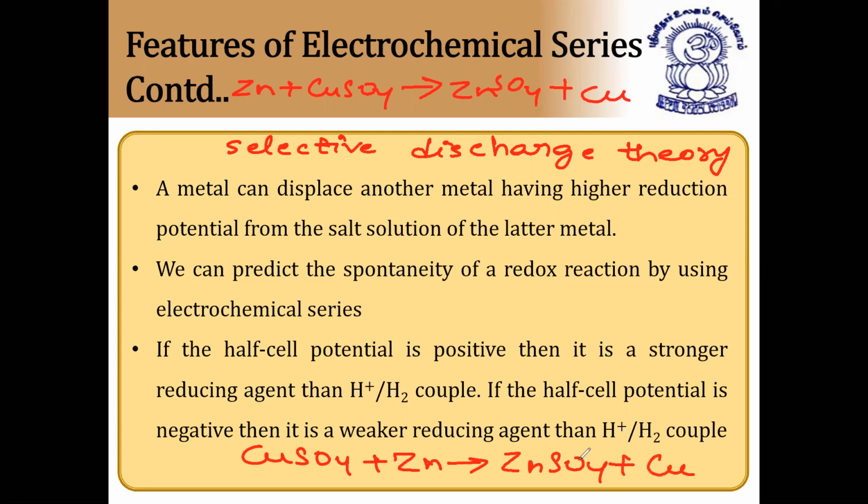So carefully observe these two reactions. This is equation 1 on the top, equation 2 at the bottom. The first reaction is possible because zinc has higher reduction potential, so a more negative value. So zinc can displace copper from its salt solution, but copper cannot displace zinc from its salt solution. In the second reaction, I have to write it like this, I'm rubbing it and changing it, because the top and bottom were the same, so there was a little confusion.